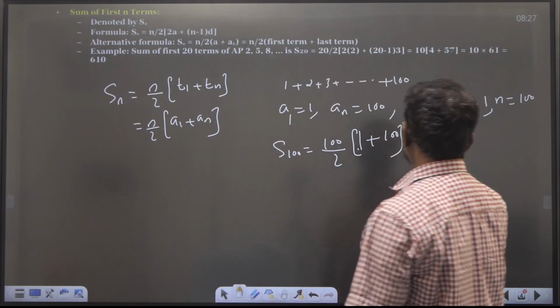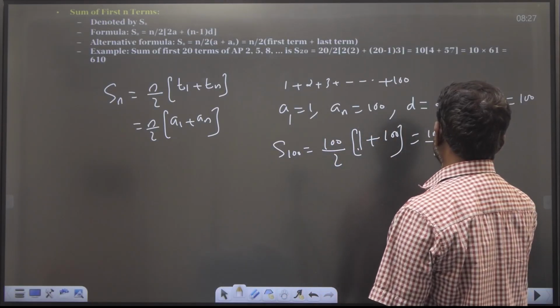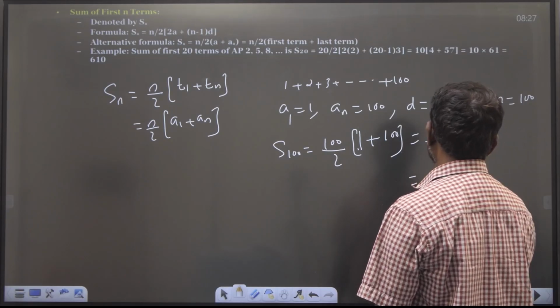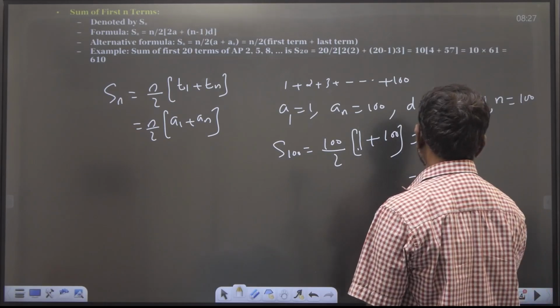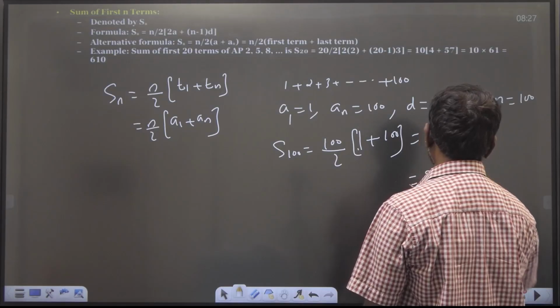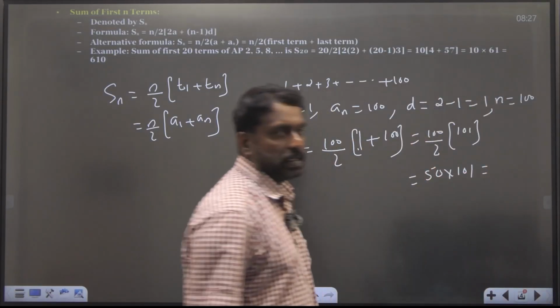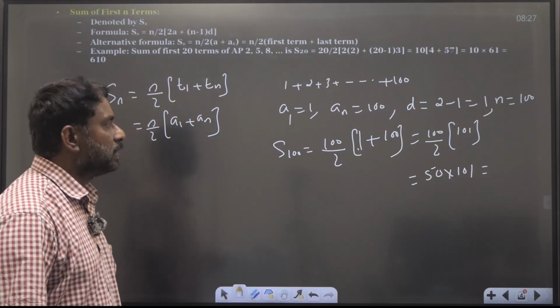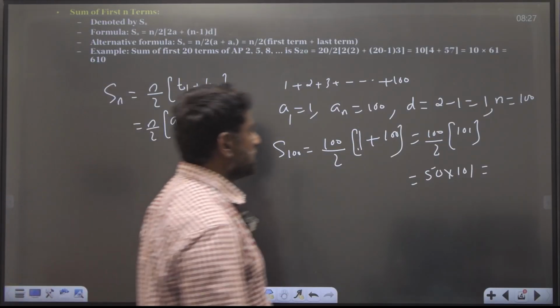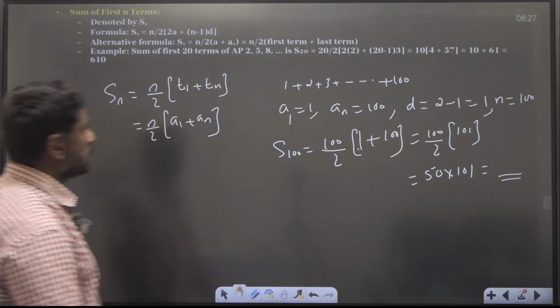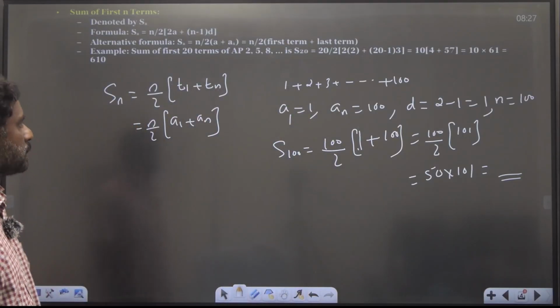That is 100 by 2 into 101, that is 50 into 101. Simplify this and you will get 5050. That is the answer. This is the method.